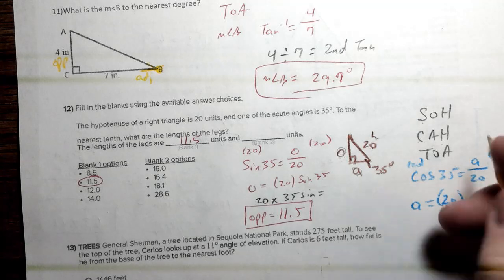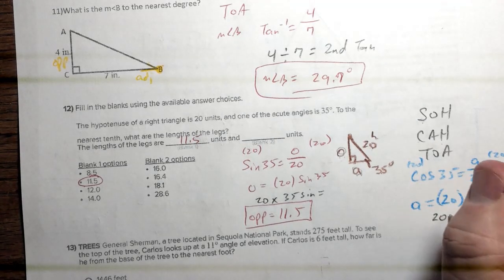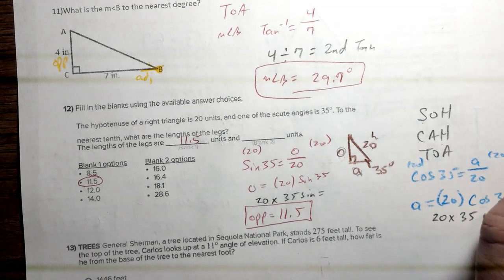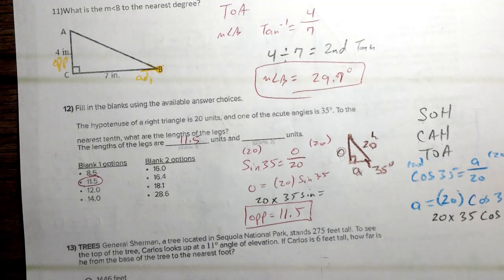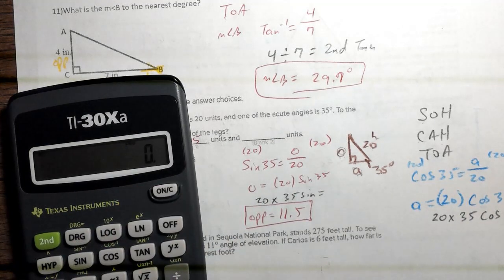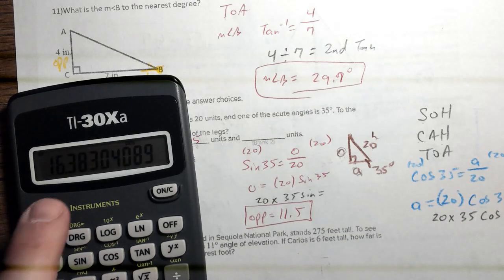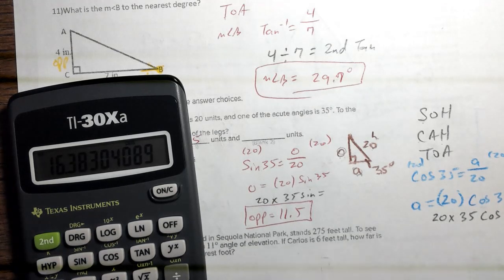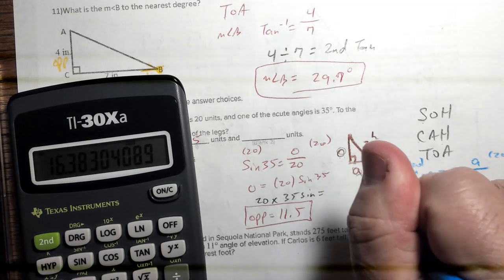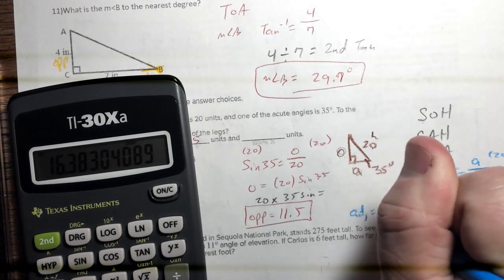And when we use the calculator, it's going to be 20 times 35 cosine equals. So we got 16. Let's see, hold on. So our adjacent equals 16.4.